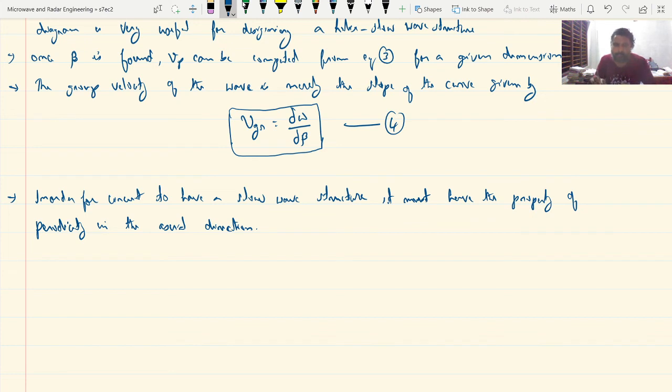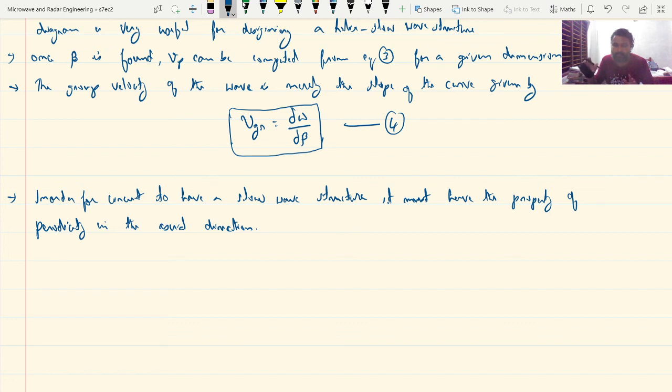So, in the helical slow wave structure, normally we utilize a translation back and forth through a distance of one pitch length, which will result in identically the same structure again.